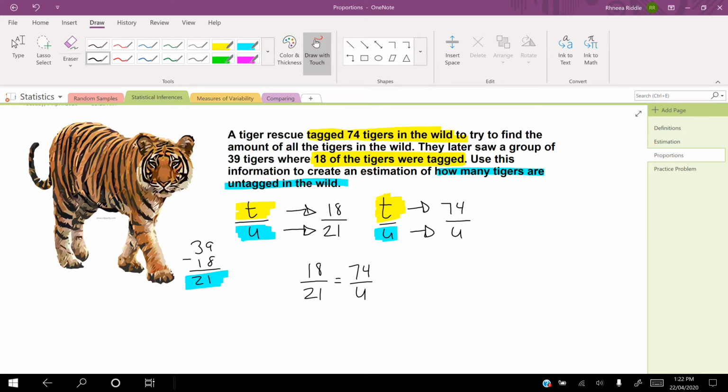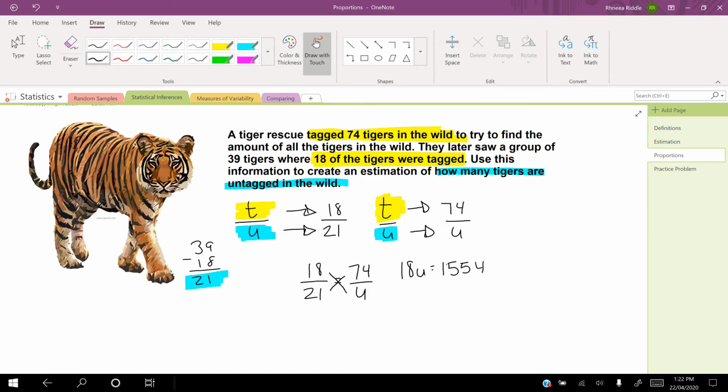So now we're going to solve this like proportions. And when you do that, you want to cross multiply. So we're going to multiply 18 by U, which is going to get us 18u, where u is our variable. And then we want to do 74 times 21. That's going to get us a large number of 1,554.